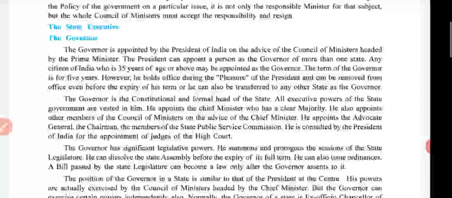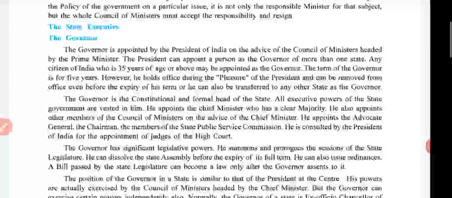He appoints the chief minister who has a clear majority. He also appoints other members of the council of ministers on the advice of the chief minister. Then he also appoints the advocate general and the chairman and members of the state public service commission. He is consulted by the President of India for the appointment of judges of the High Court.